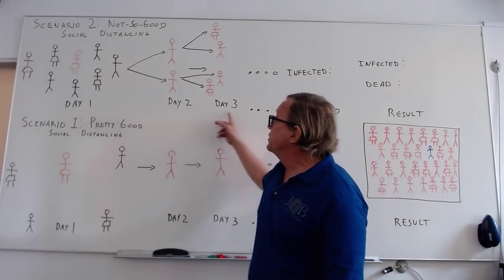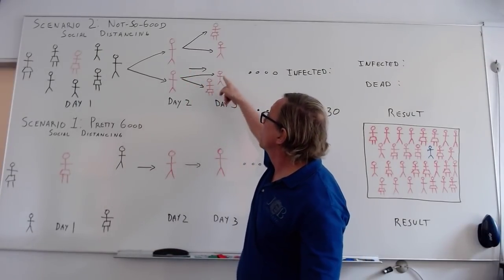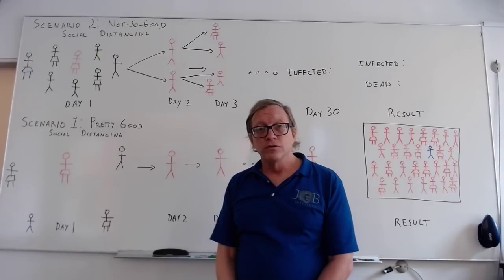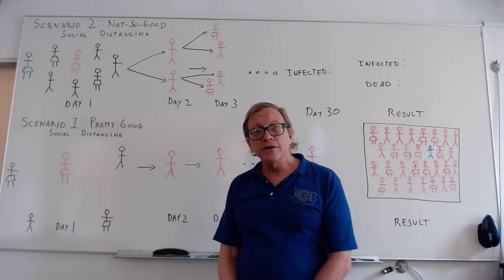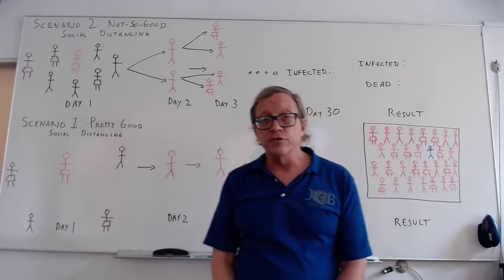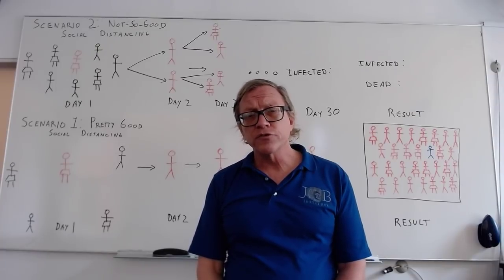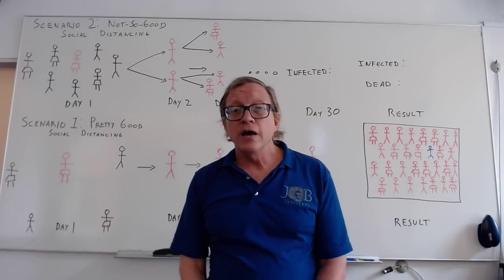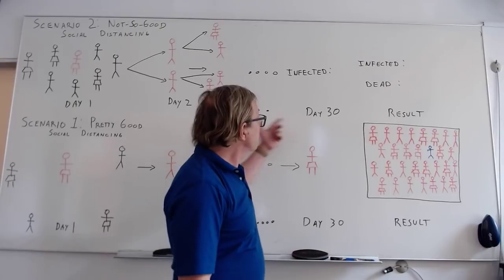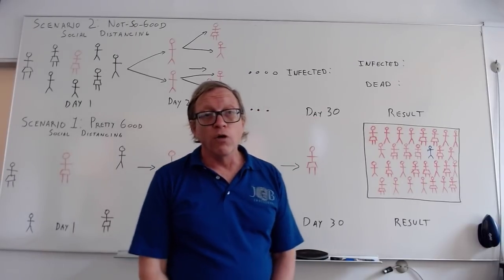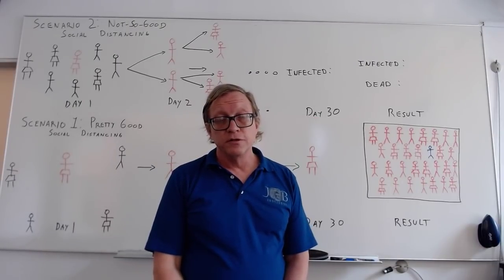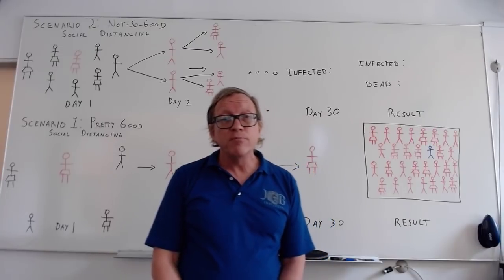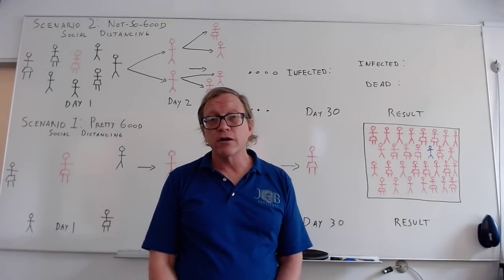Of course, at day 3, each of those 2 people pass it on now to 2 more people. And maybe it's becoming obvious that it's even somewhat worse than twice as bad. And we just ask ourselves, after 30 days, what will be the result? And this is not an answer that anybody could just pull out of their head or have a good sense of.